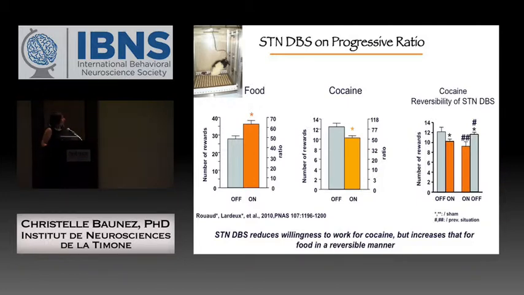And the reversibility of the effect is interesting for the on group, because now we switch them off and we see whether or not they go back to a higher level of motivation to get the cocaine, and that's what we see. So we have a nice reversible effect. STN DBS reduces willingness to work for cocaine, but increases that for food in a reversible manner.